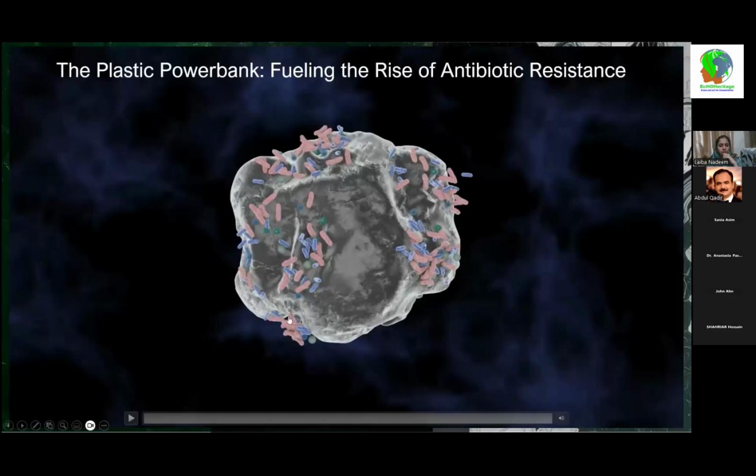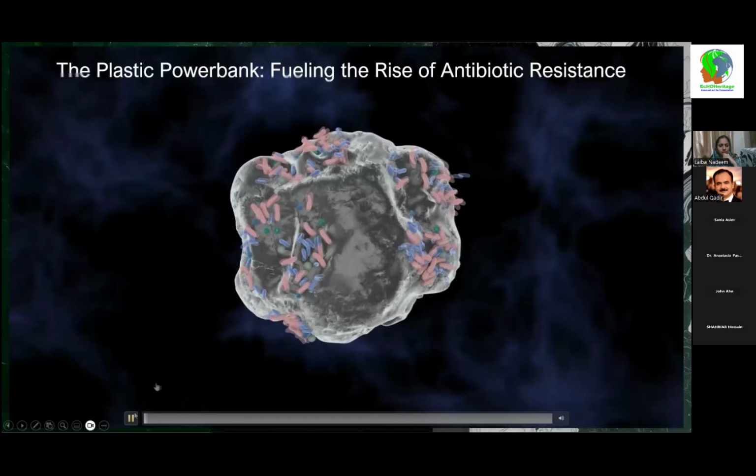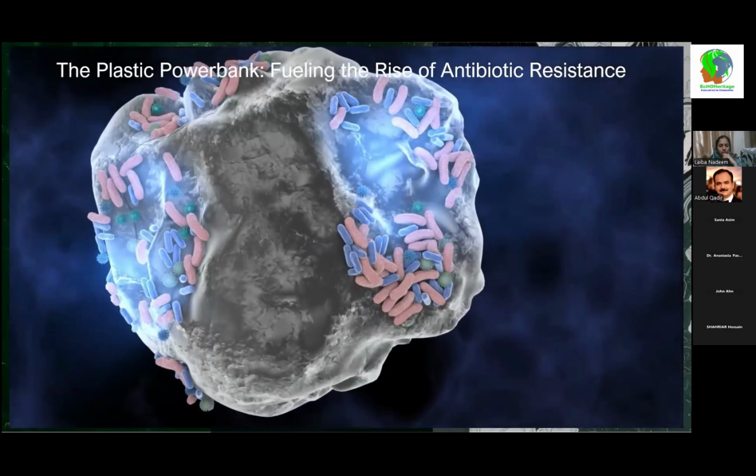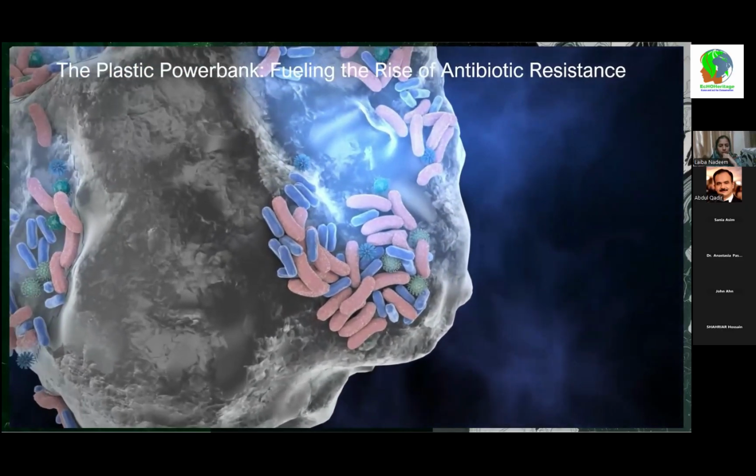So I would like to show you just a very brief animation showing how microplastic affects microbes and builds biofilms. When bacteria come into contact with microplastic, they activate a special metabolism linked to electron transfer.